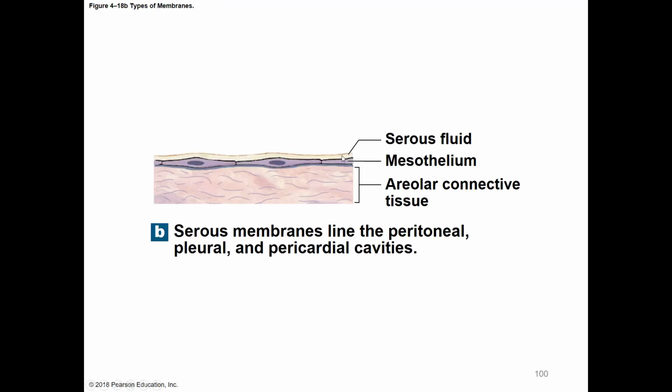And we're producing serous fluid, which lubricates the surface of the serous membrane and reduces friction. So we'll find this lining body cavities like in the abdomen, which is where the peritoneal cavity is, in the lung cavities, which is called the pleural, and the pericardial cavity, which is where we would find the heart.